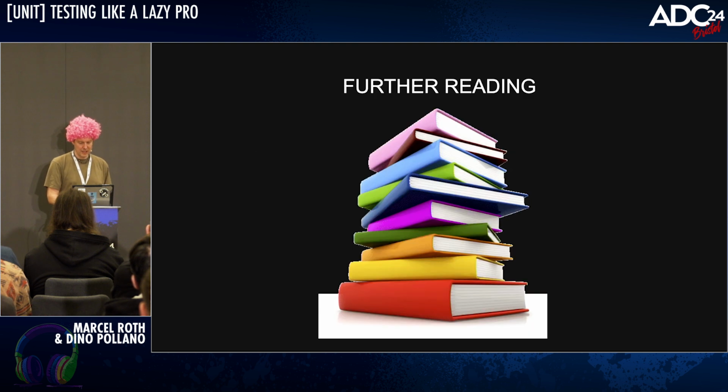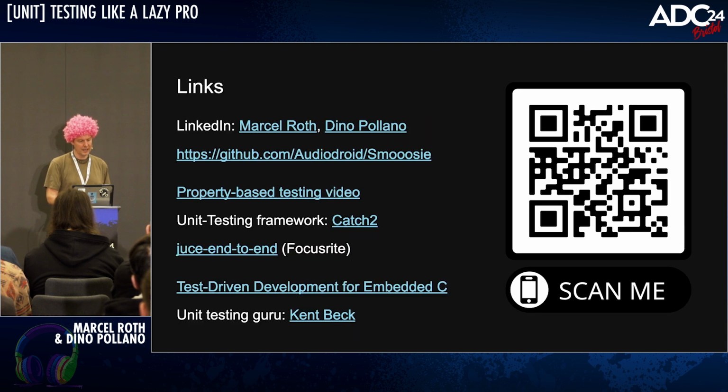And then in terms of further reading, we put the same links here on that GitHub repository that's mentioned there, and the QR code takes you straight there. There's a link to our LinkedIn pages.